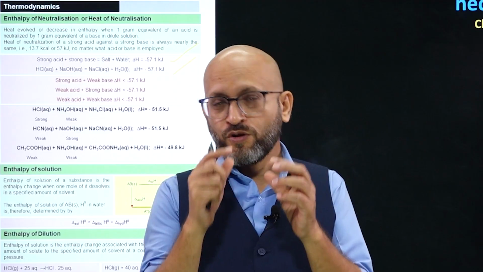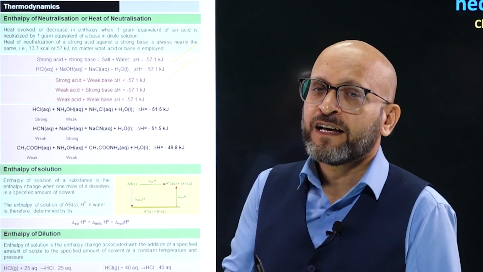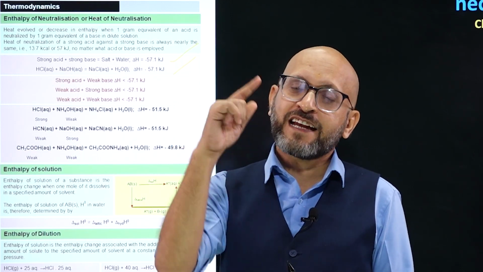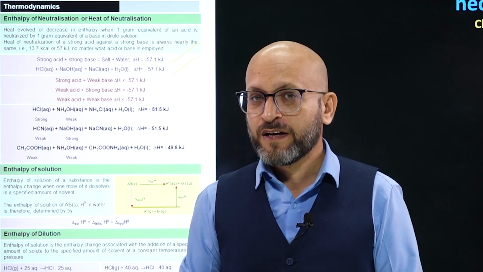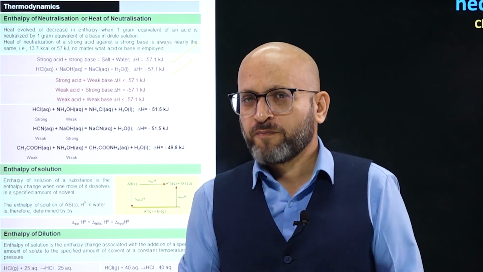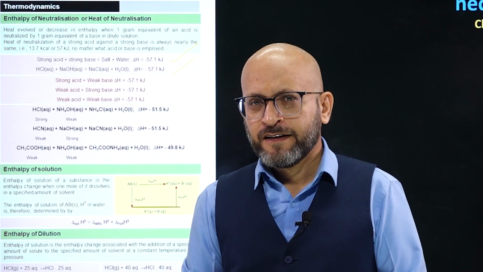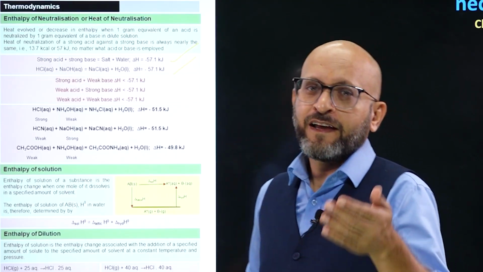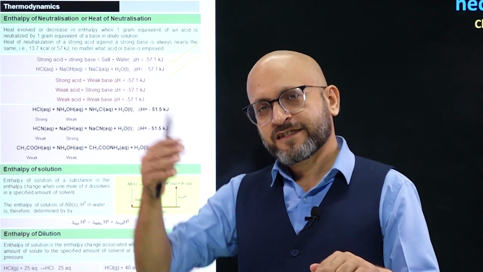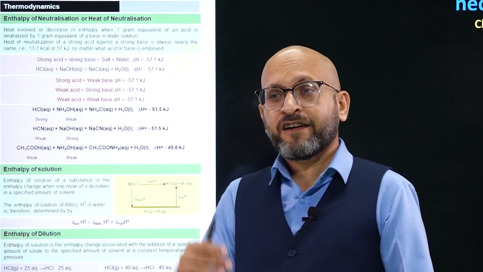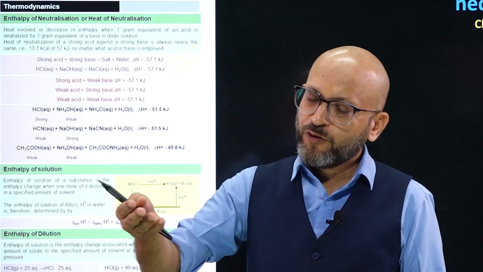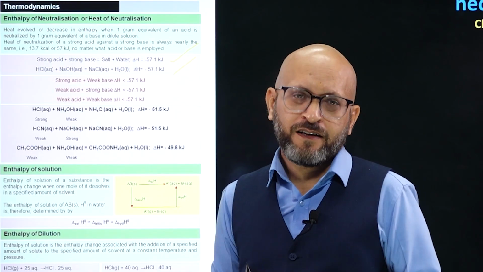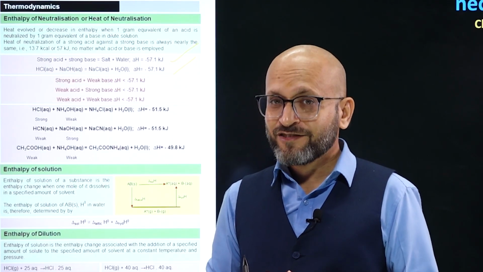So, if we take a weak acid or weak base, the amount of energy released is always lesser than the standard value, that is 57 kilojoule per mole or per equivalent. Just remember, if a strong acid and strong base, 57.1; if one is weak, lesser than 57.1; if both are weak, even less energy will be released. So, this is what enthalpy of neutralization is all about.